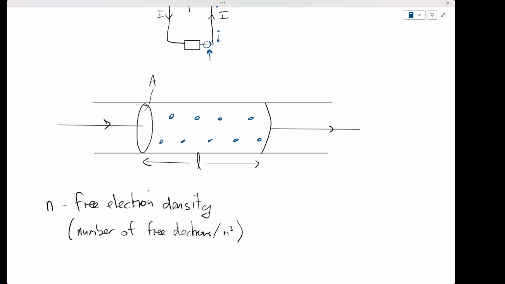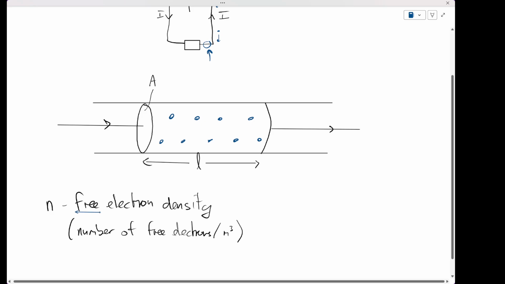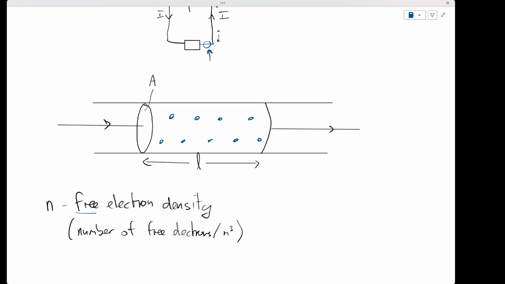It's only the free electrons that are able to carry charge around the circuit, so it's only the free electrons that we are interested in here. We don't care about the electrons that are still bound to the ions in the metal. The free electron density is important because it allows us to calculate the total number of free electrons in this enclosed volume.